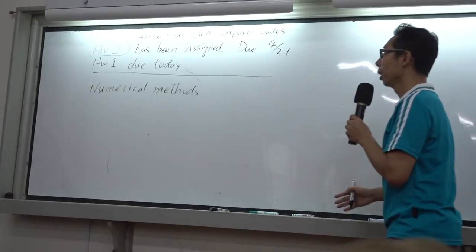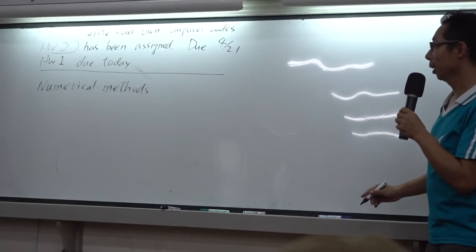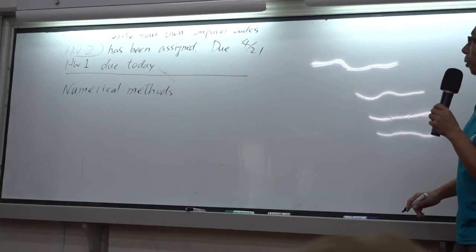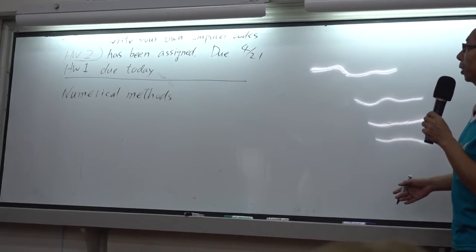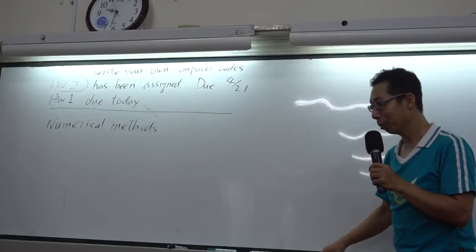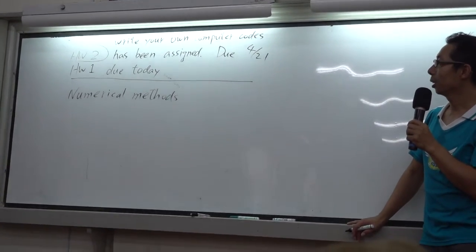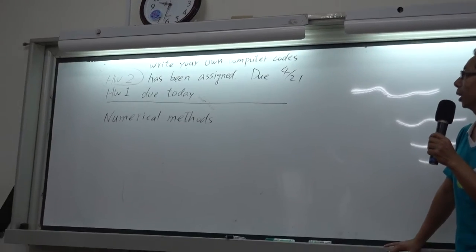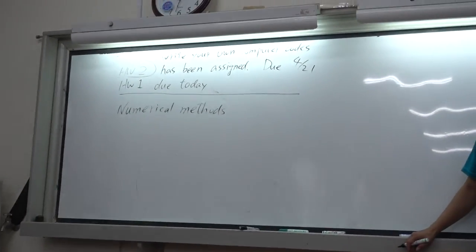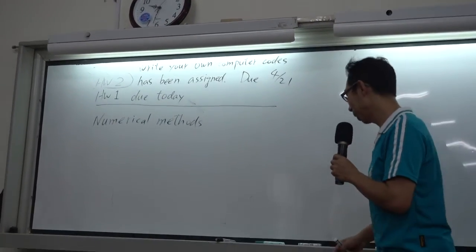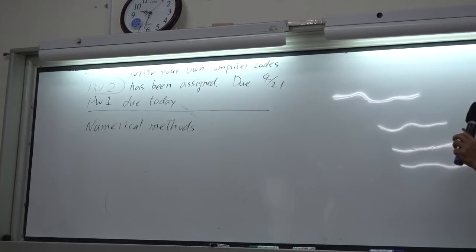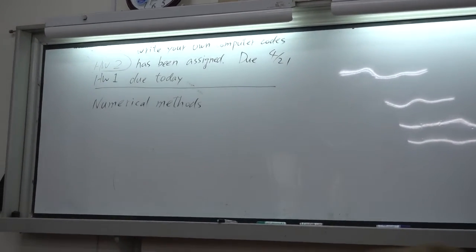I know some people may ask, hey Bruce, can we just use some optimization functions in MATLAB or in some other software? Sorry, no, because it's very important that you have this kind of feeling of optimization by writing your own codes.